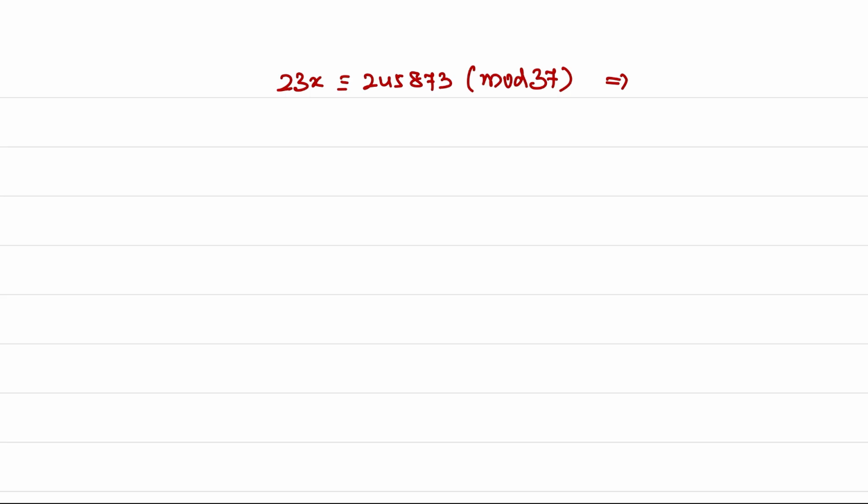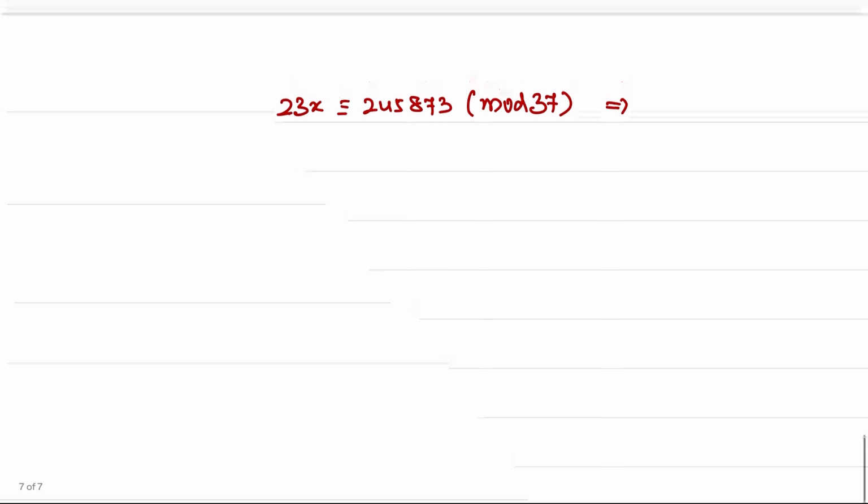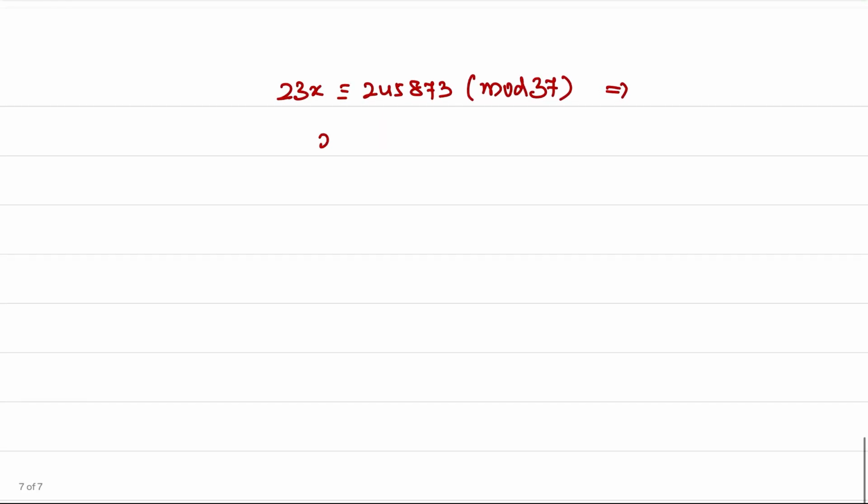And 245873 also we reduce to mod 37, that is reduced to 10, because we have to find x. x is equal to 10 mod 37. This is the answer.